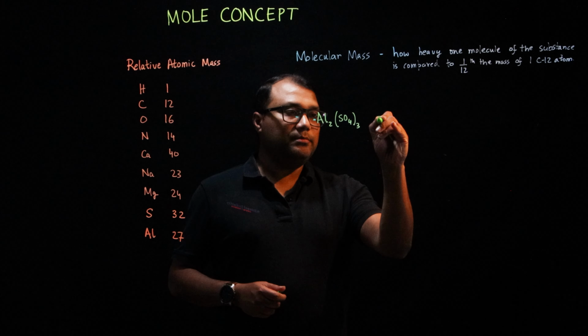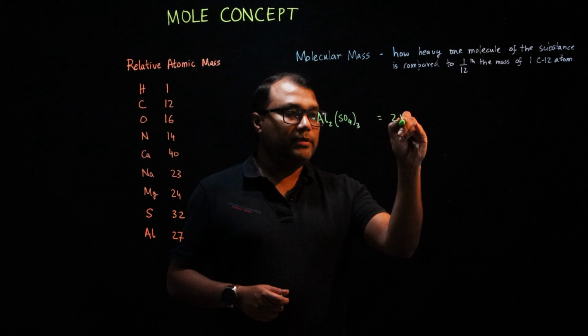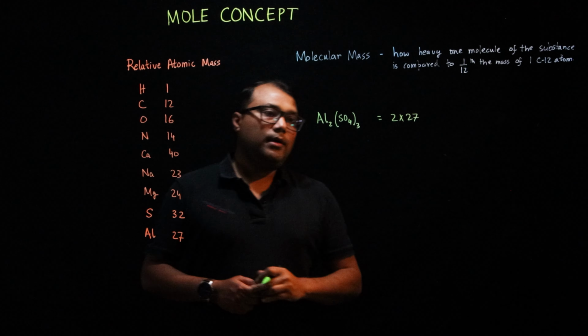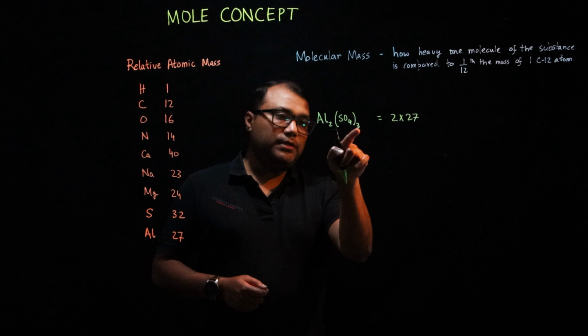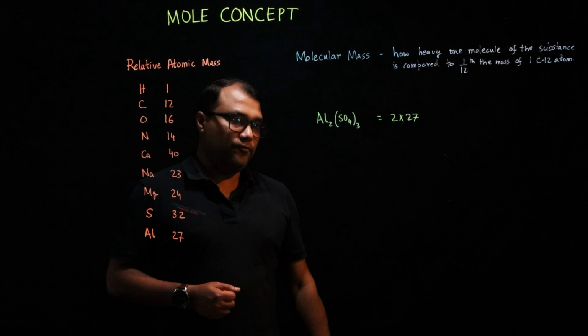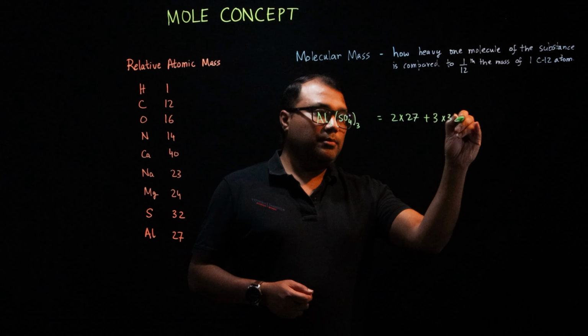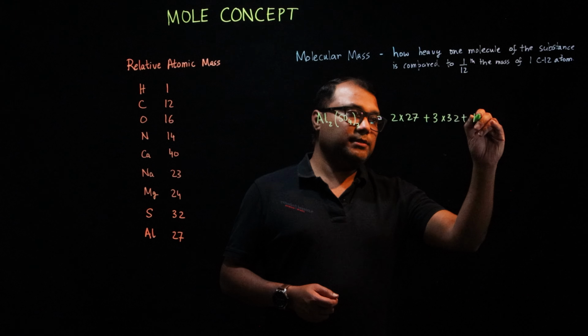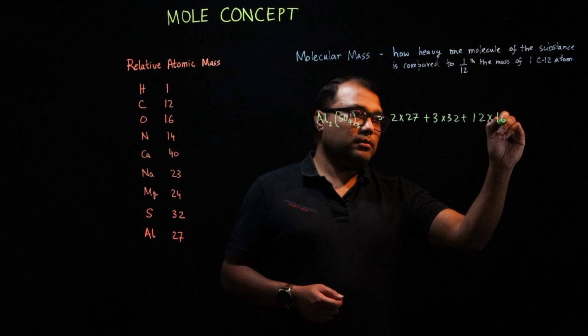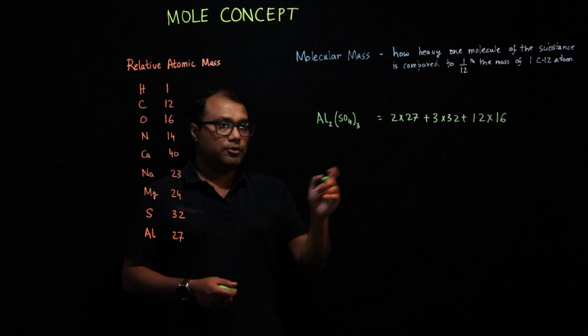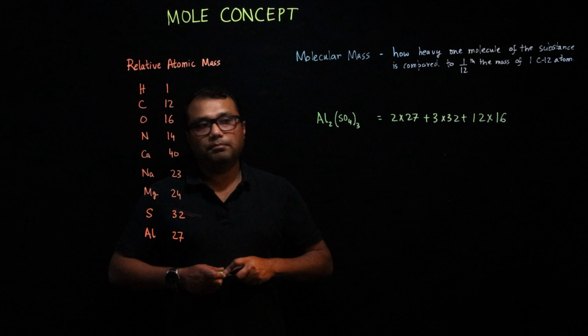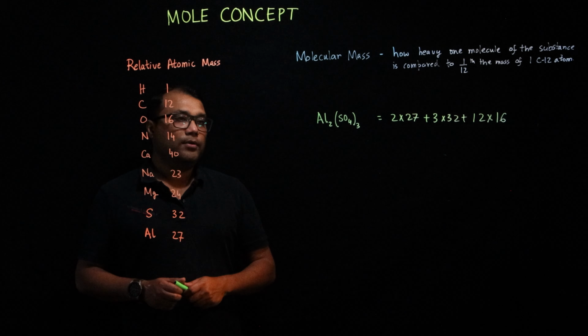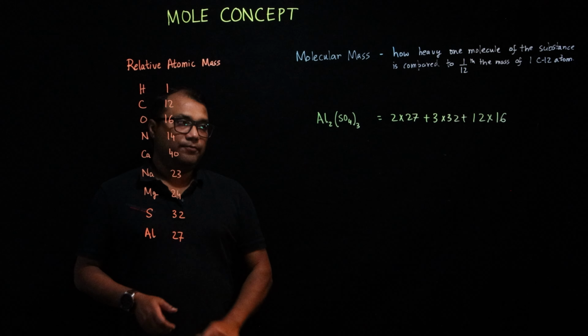There are 2 atoms of aluminum, so 2 into 27. Now there are 3 atoms of sulfur. It is not 1 atom of sulfur, there are 3 atoms of sulfur. So 3 into 32 plus there are 4 3s are 12 atoms of oxygen. Okay. So this is how you should be computing the molecular mass of a compound like aluminum sulfate.